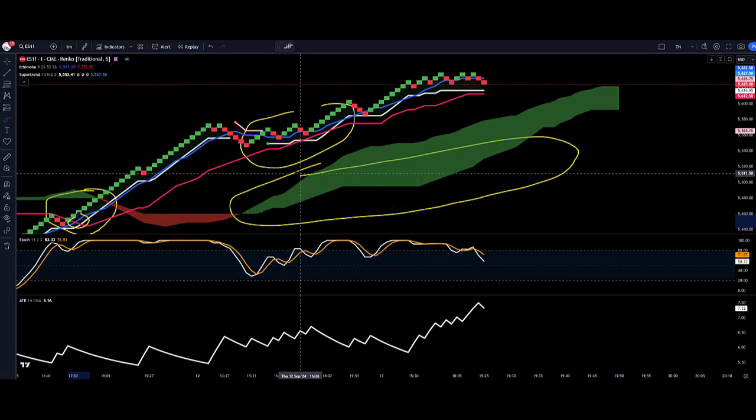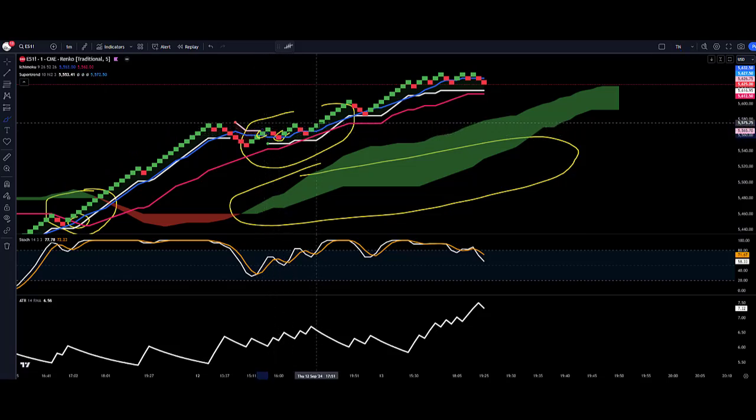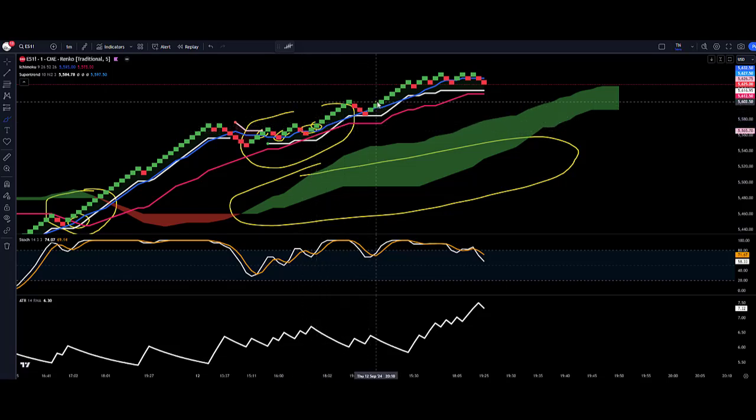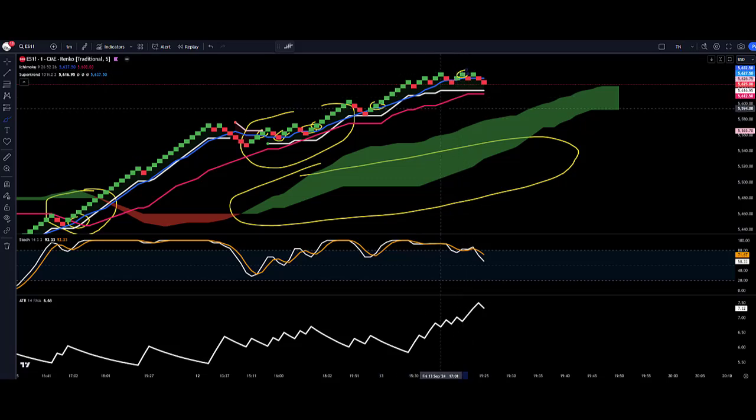But initially we want the price, the blocks, to close above the two lines. So if we're looking round about here, we can see that for example is above, that for example is above, that for example there is above, closes above there, etc, etc.